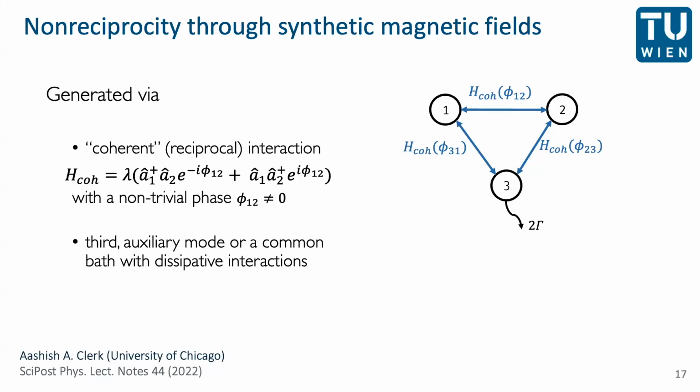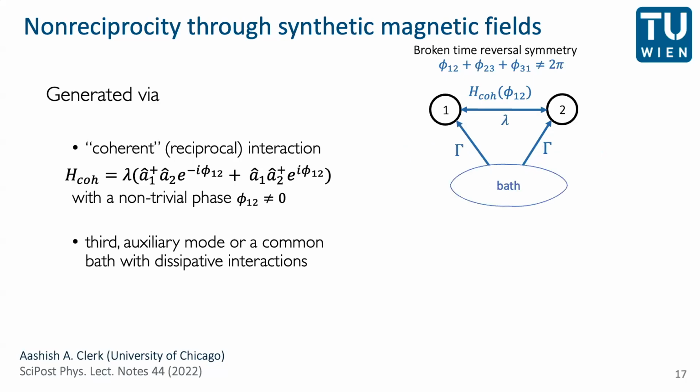For example, you can imagine having bosonic modes 1 and 2 in a cavity, and number 3 is then a cavity mode. As you very well know, you can have Hamiltonian interactions with the cavity mode, and the cavity dissipates into the environment, so it loses photons. If you follow a bit of math, you need to have broken time reversal symmetry, which means that the phase you acquire in one direction, say counterclockwise, is not going to be 2 pi.